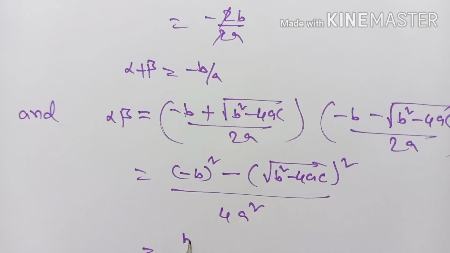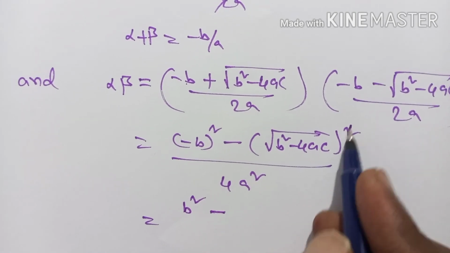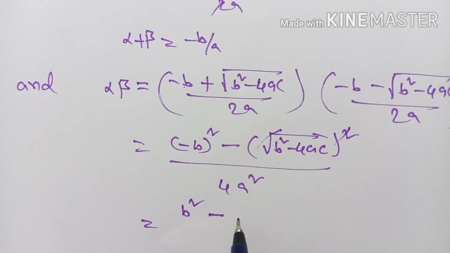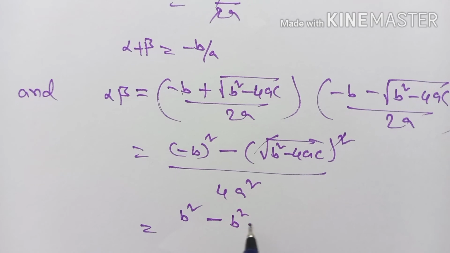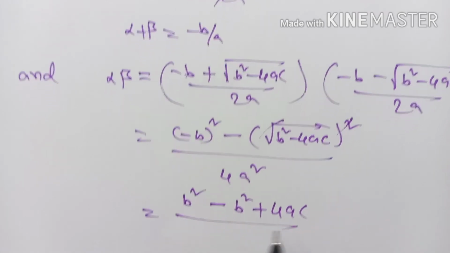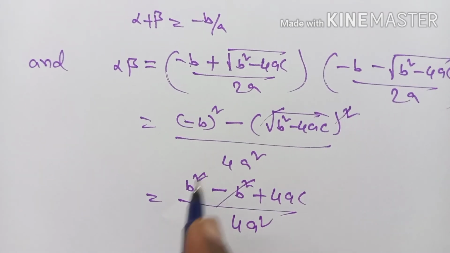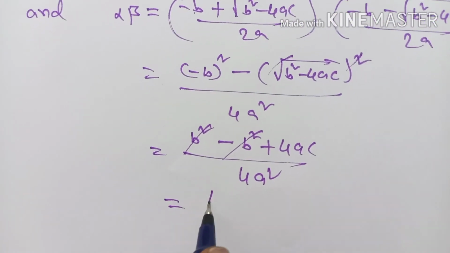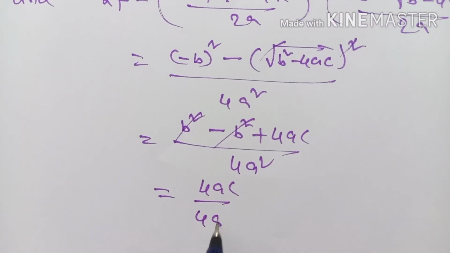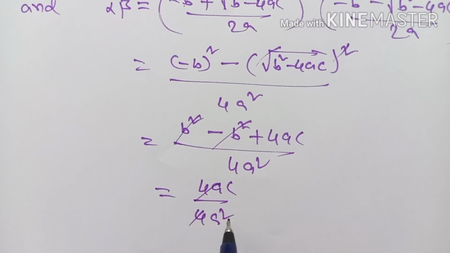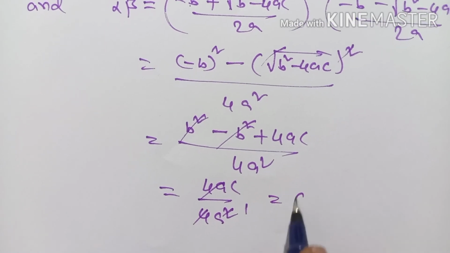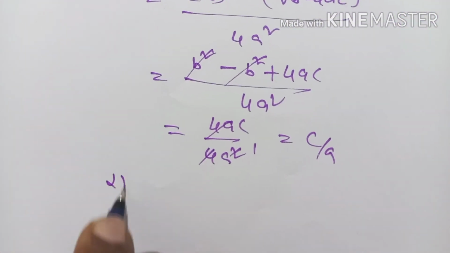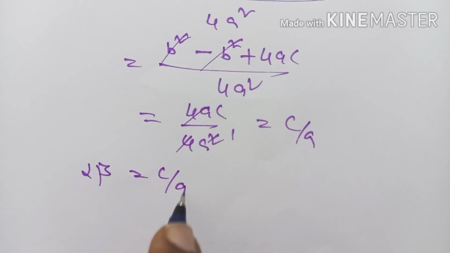Minus b whole square is b square, minus the root whole square, b square minus 4ac, over 4a square. The b square terms cancel, leaving 4ac by 4a square. Cancelling 4a once, it is c by a.